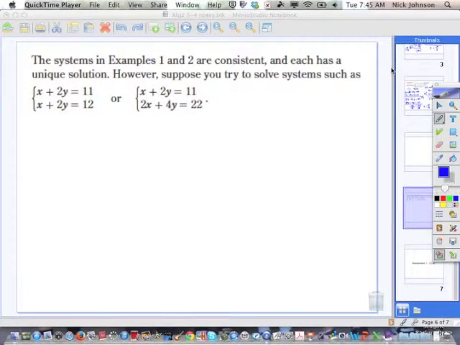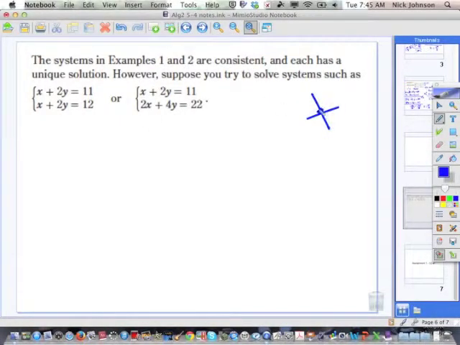If you noticed, the systems in examples 1 and 2 are consistent. That means that they intersected at some point. Okay? And each has a unique solution. However, suppose you try to solve systems such as these two. If you look at the first one, if I'm trying to get rid of x, I would multiply by a negative 1.